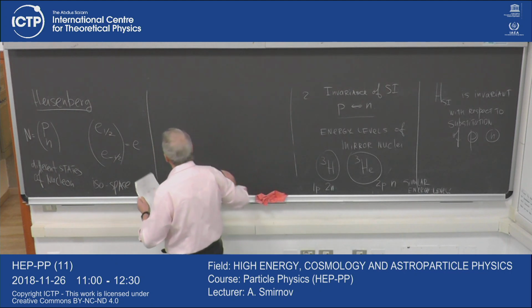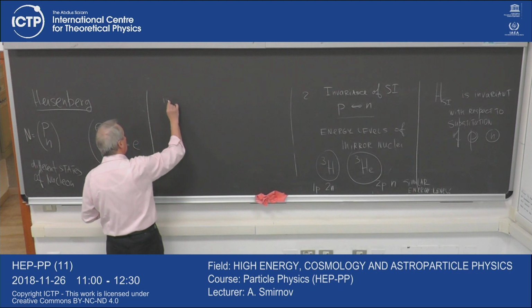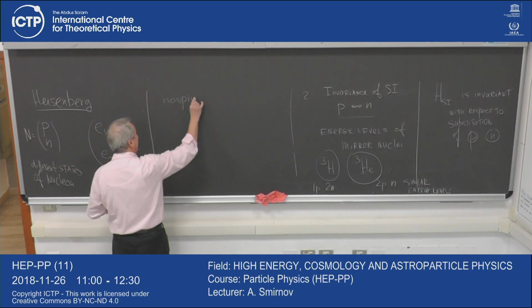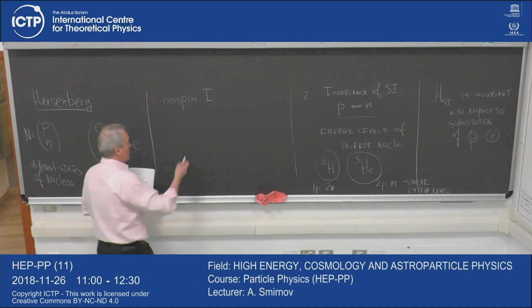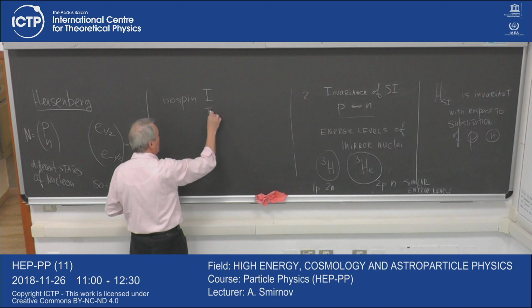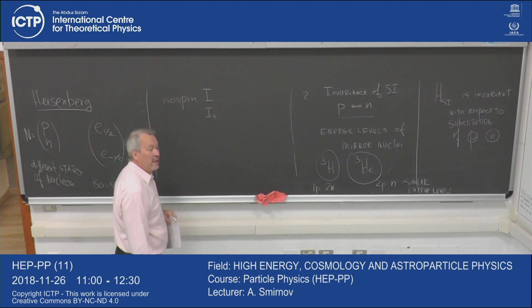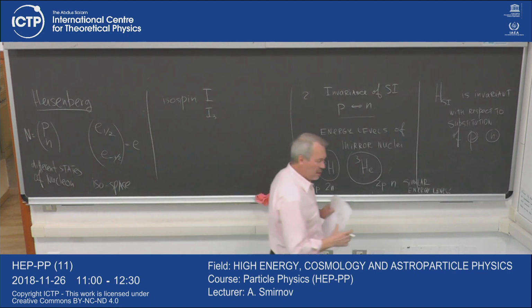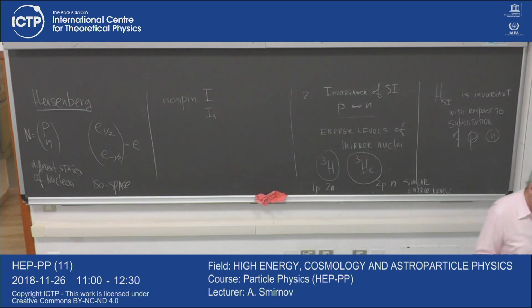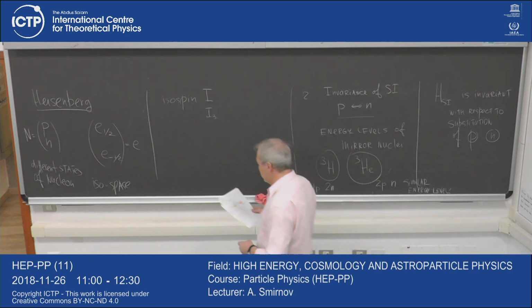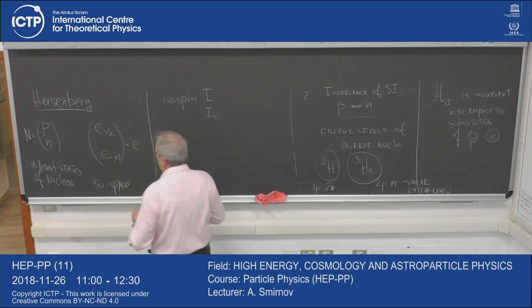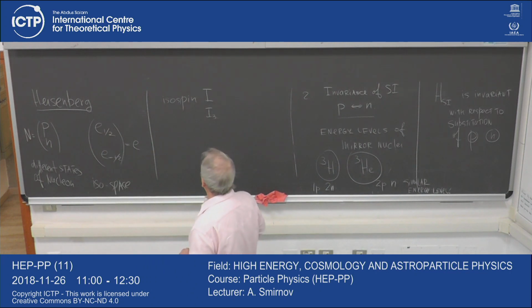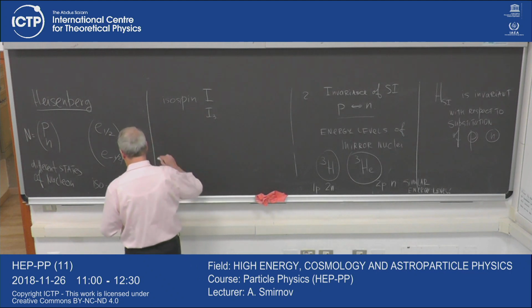So instead of spin, Heisenberg introduced isospin, the total isospin and the third projection in this isospace, the internal space, just by analogy to what we have in the case of electrons. Again, proton and neutron are just two different states with two different isospins.